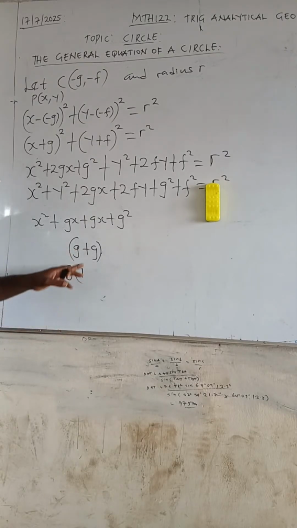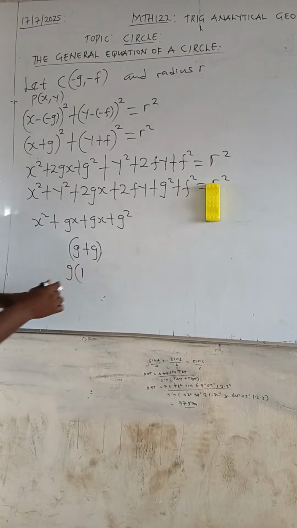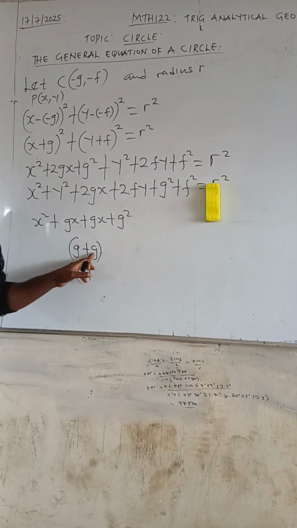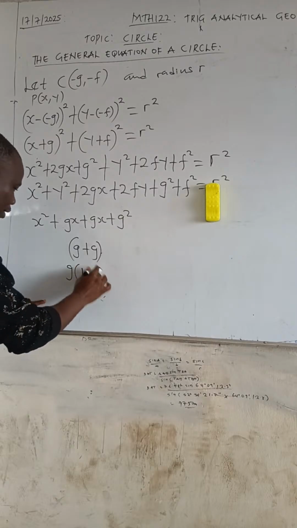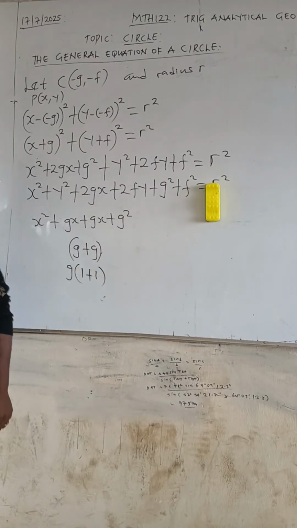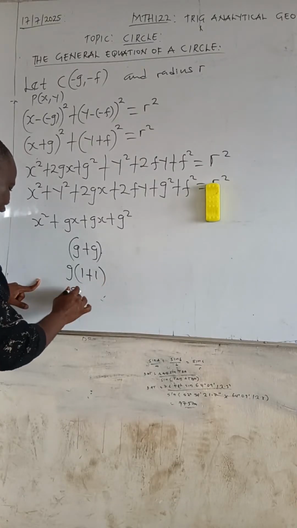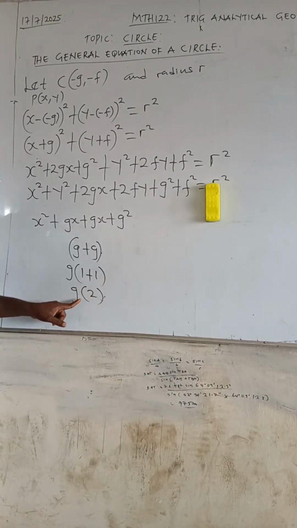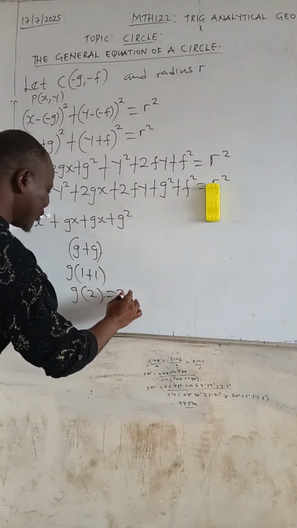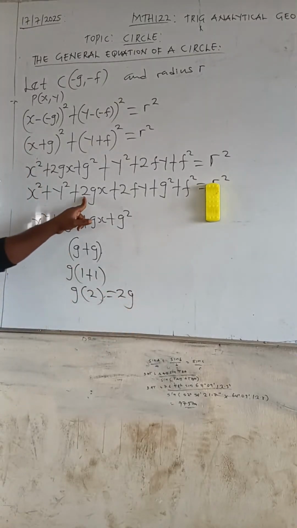Then plus. Then something will still be here, which is what? 1. So it means we can have 1 plus 1, 2. So you can now see that G open bracket 2, G times 2, is it not? That's the reason why we got these 2Gs. Amen? Is it difficult?